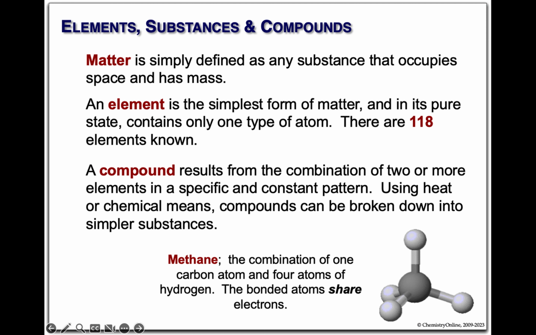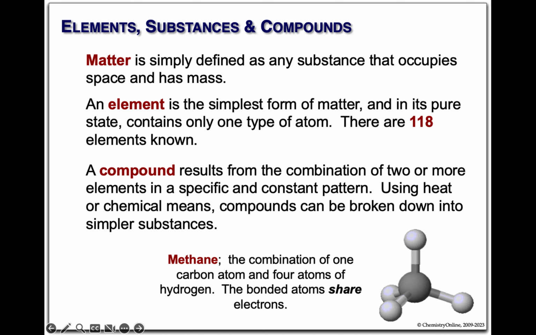This is methane, carbon in the middle, 4 hydrogens around. Every methane looks exactly like this. Same geometry, same everything. That's what the specific pattern means. The electrons between the carbon and the hydrogen here are shared. This is called a molecular compound where we have sharing of electrons.